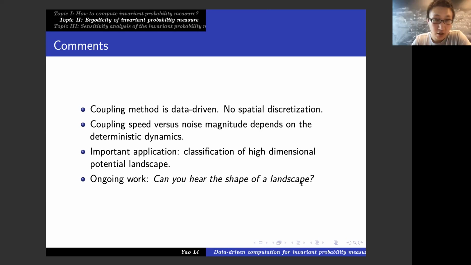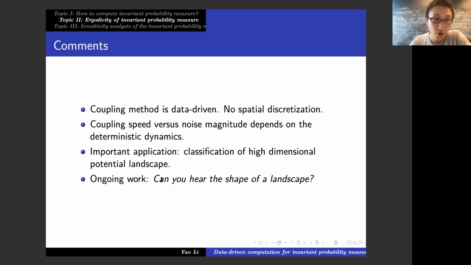Okay, so we find that this coupling time distribution at different magnitudes of noise can be used to classify the high dimensional potential landscape. For example, you can check whether you have any bad local minimum, and if you have, how deep it is. That's some of our ongoing work.